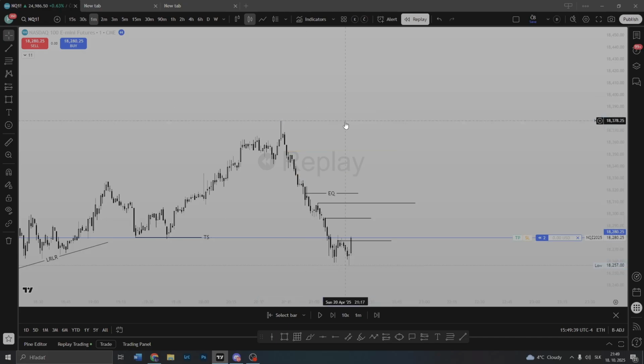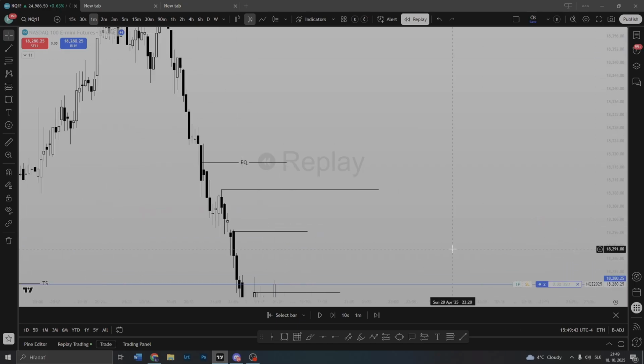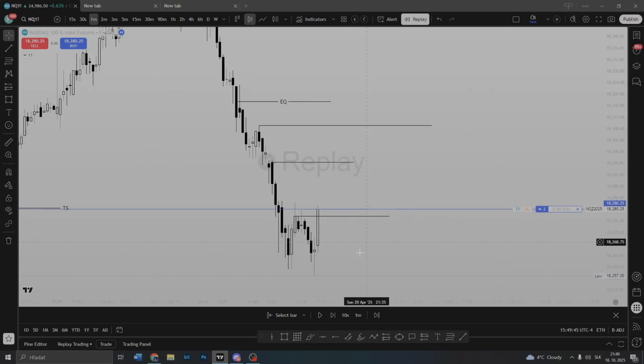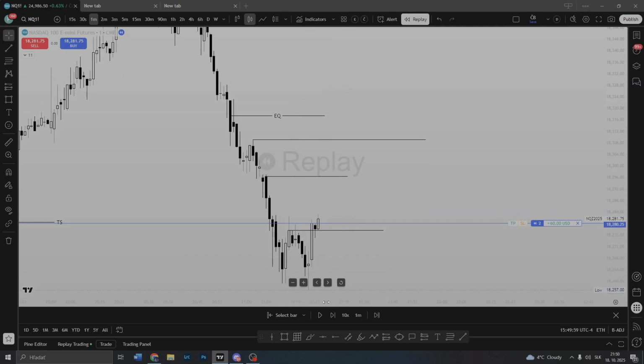Okay, we can delete this. We are retesting the CISD on the left. Nice candle. Right now I would like to see us just going higher. Retest. Another retest.